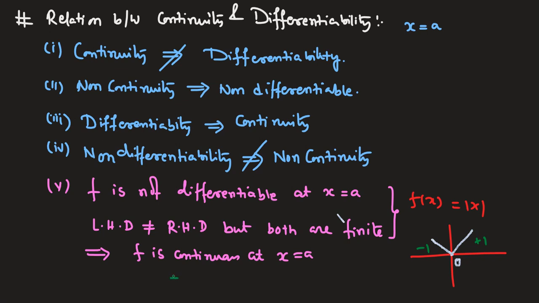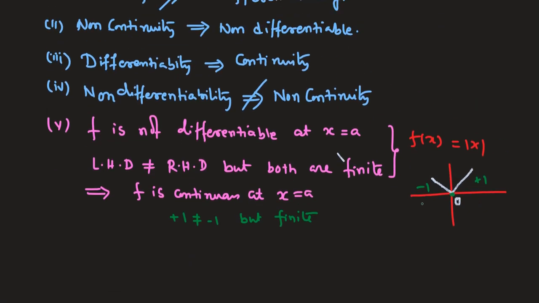So plus 1 is not equal to minus 1, but they are finite numbers. As a result, at this point 0 the function is continuous.